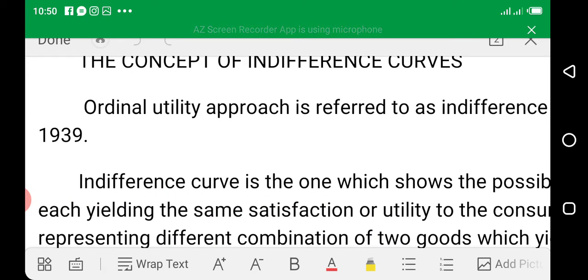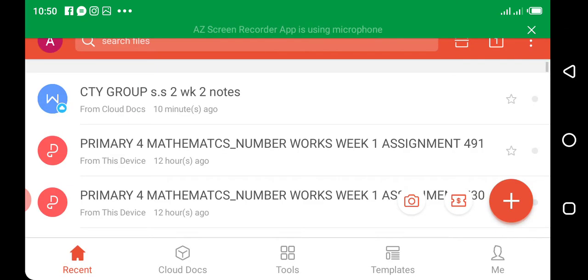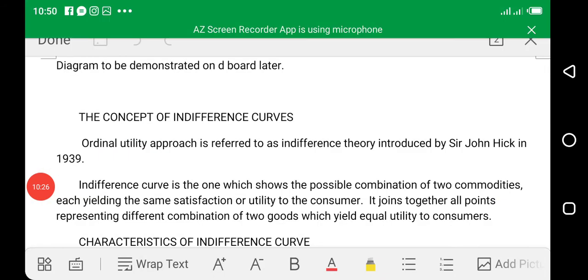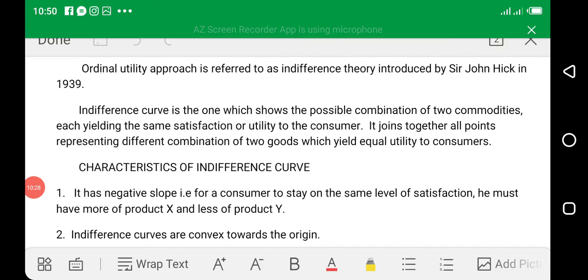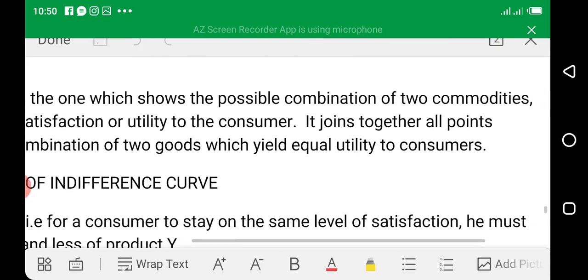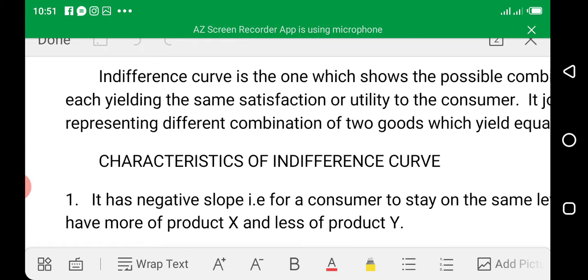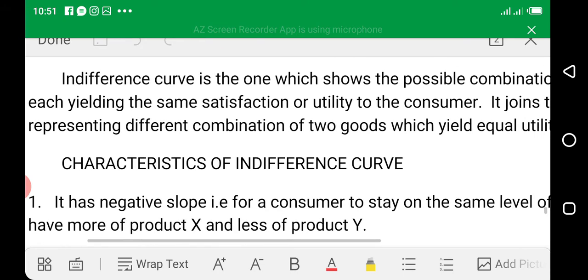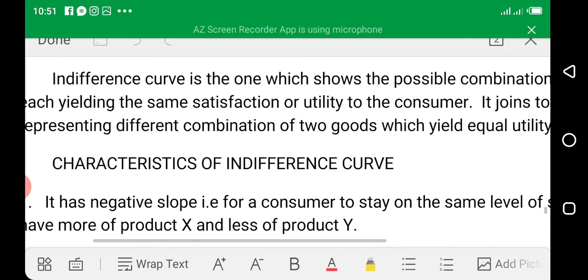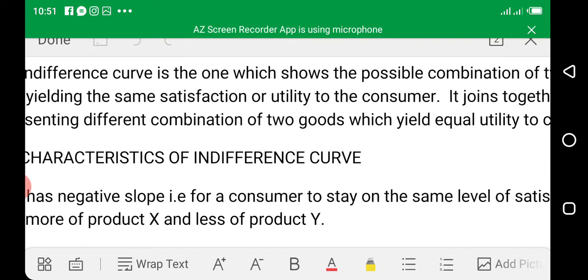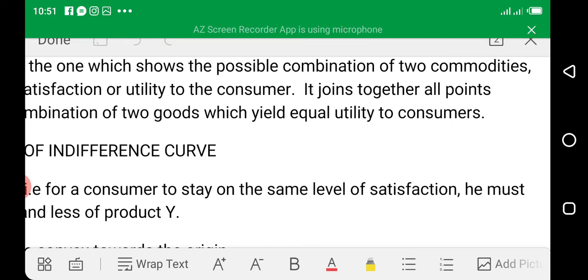An indifference curve is the one which shows the possible combinations of two commodities, each yielding the same satisfaction or utility to the consumer. That is, the two commodities must yield the same satisfaction or utility to the consumer.